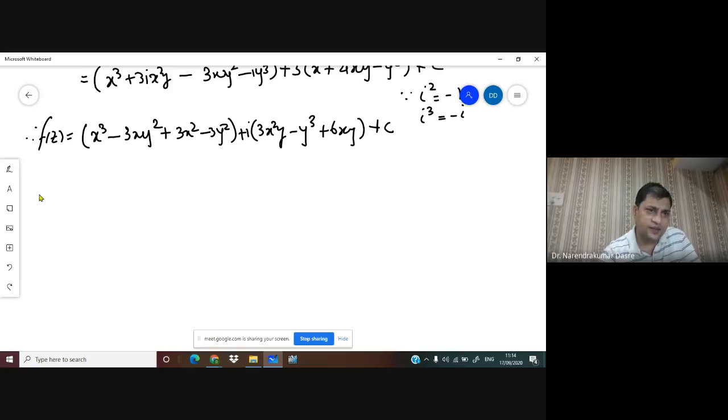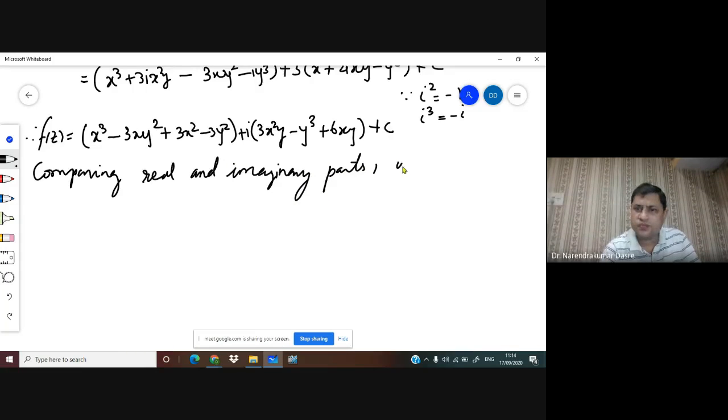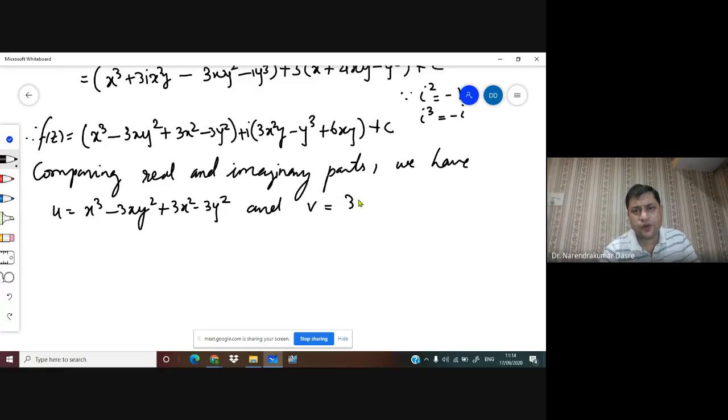correct analytic function. So we can write here, comparing real and imaginary parts, we have u is equal to x cube minus 3xy square plus 3x square minus 3y square, and v is equal to 3x square y minus y cube plus 6xy.